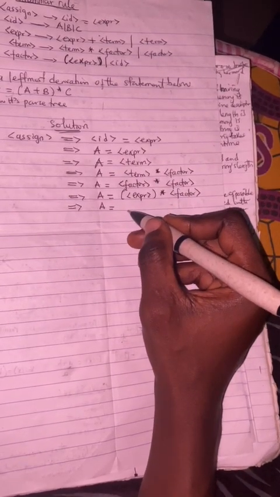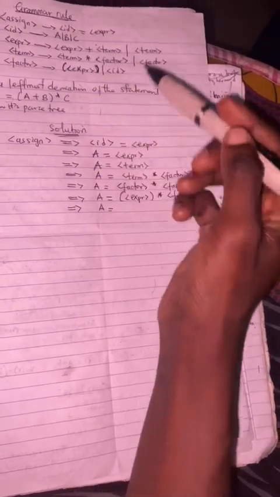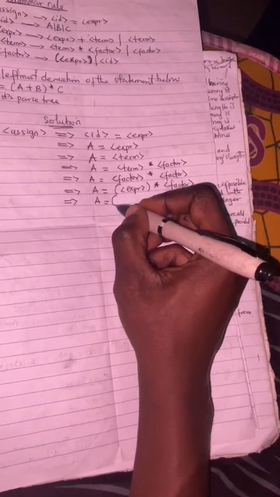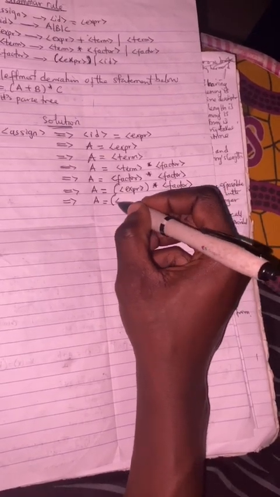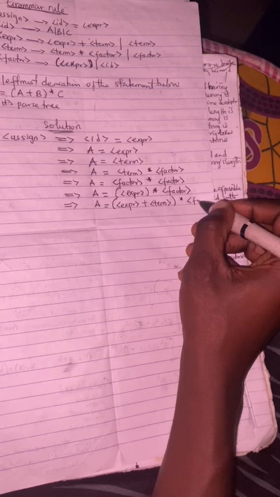So anything you're doing, make sure that the sentential form is on your mind. So this expression, we are going to expand it to expression plus term, because we are trying to get this plus symbol, remember. So we expand this expression here to be expression plus term, right? And then we'll not touch this other part, factor.